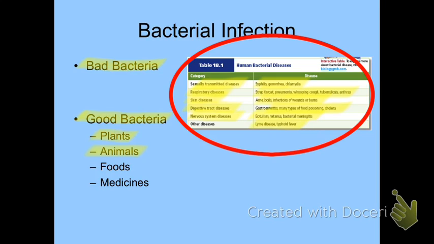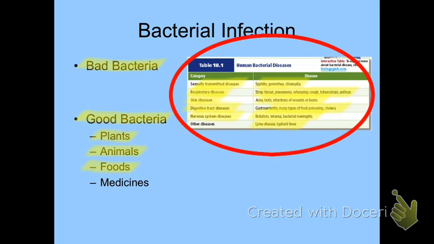For animals, bacteria in animals is good. We talk about different genetic modification with animals. Bacteria is good for us and for other animals for breaking down food and processing food in our digestive systems. For foods, we talked about fermentation way back in first semester, and there are lots of foods that are produced by bacteria.